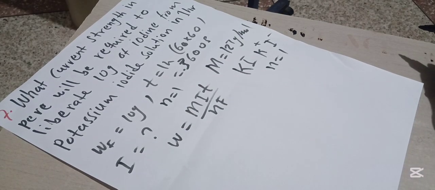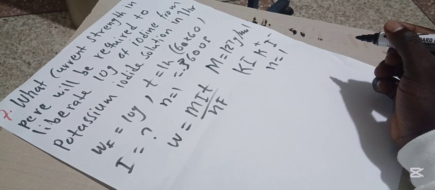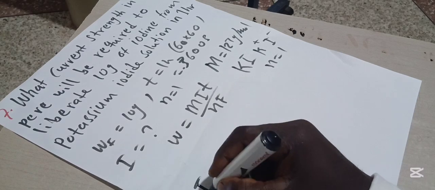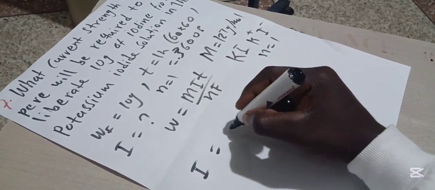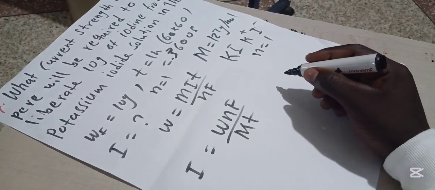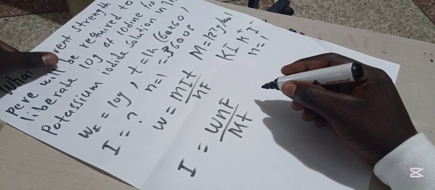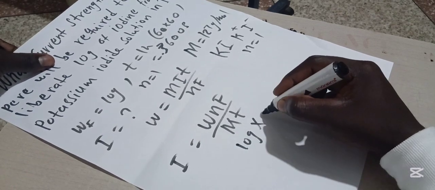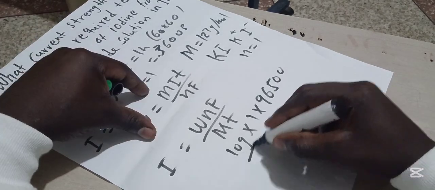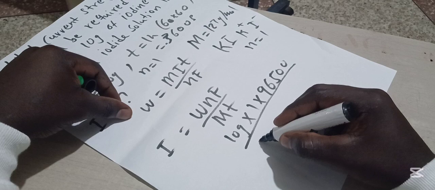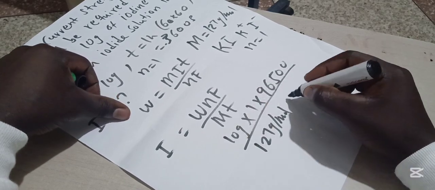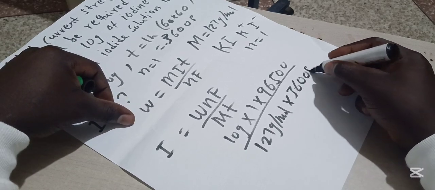Now let's start calculating by making I the subject, which is what we are looking for. I equals WnF over Mt. We know our W to be 10 grams, n to be 1, multiplied by Faraday's constant 96500, all divided by the molar mass of iodine, 127 grams per mole, and our time of 3600 seconds.